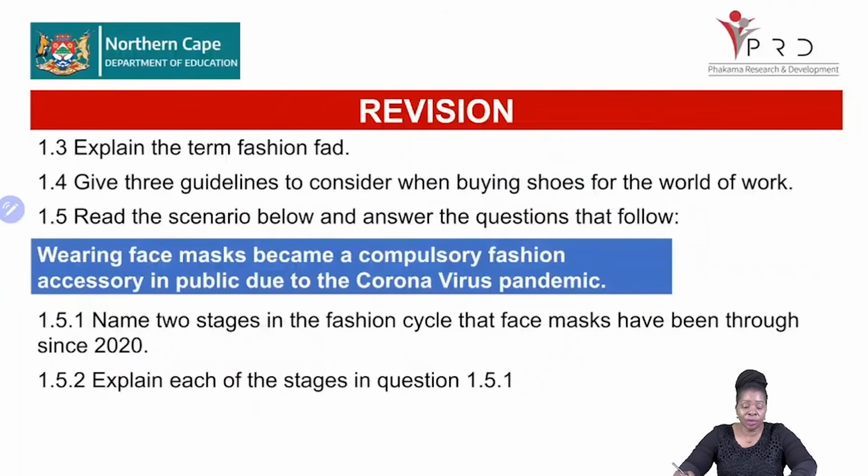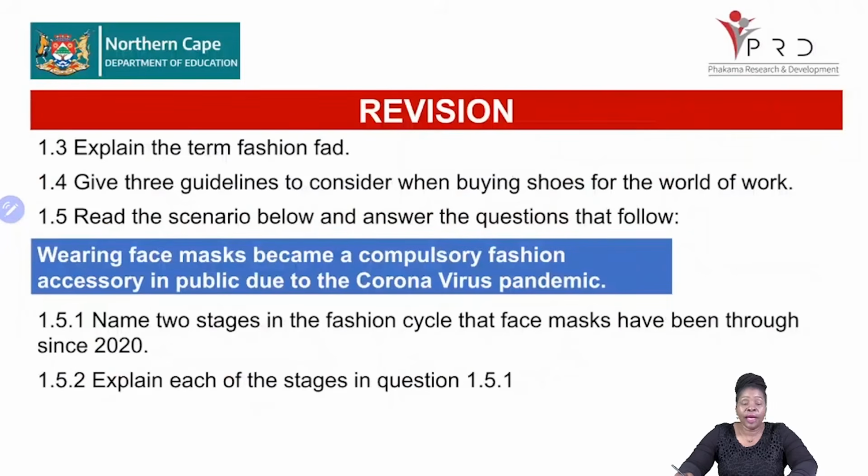Question 1.3 says, explain the term fashion fad. And 1.4 says, give 3 guidelines to consider when buying shoes for the world of work. And 1.5 says, read the scenario below and answer the questions that follow. I am going to read the scenario to you.